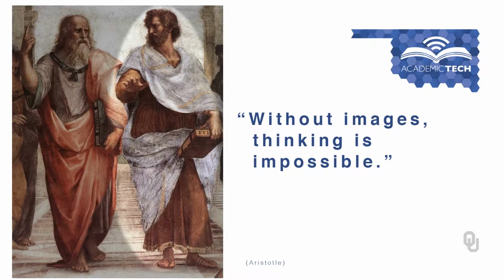Aristotle once said that without images, thinking is just not possible. As you can see, everything is about connecting and connection. So without anything that backs our thinking, anything that backs our concepts, anything that backs our words, it's not easy to think.